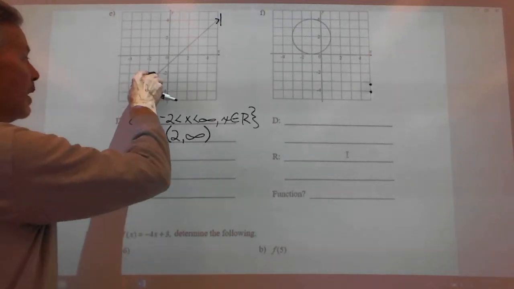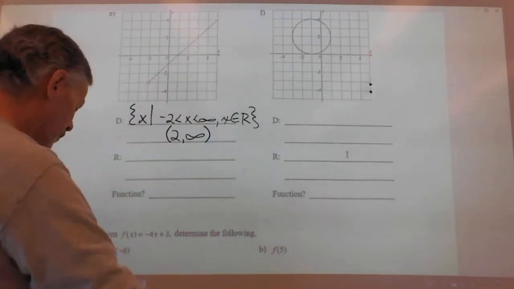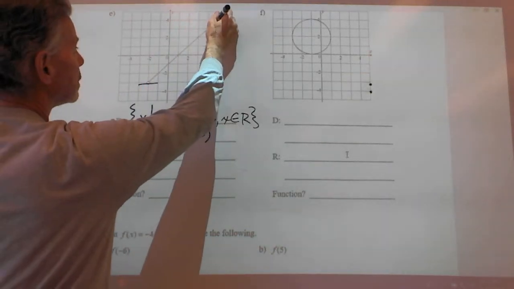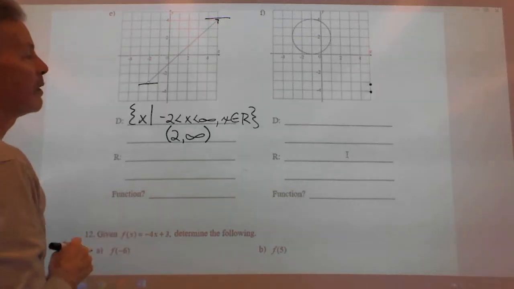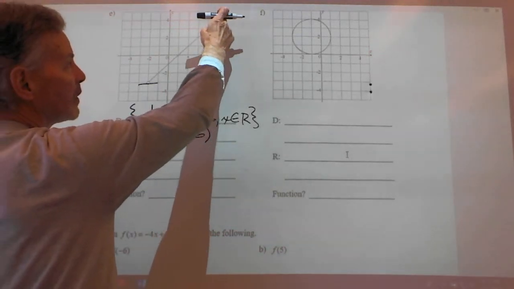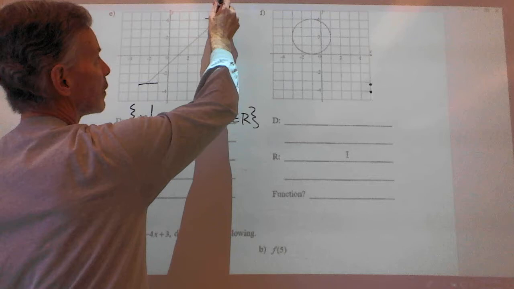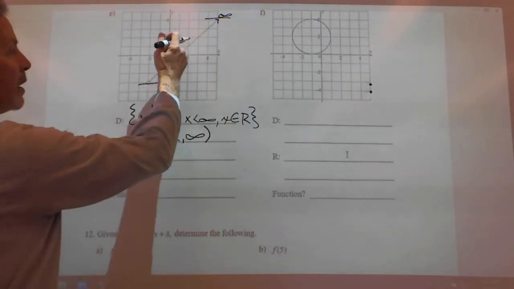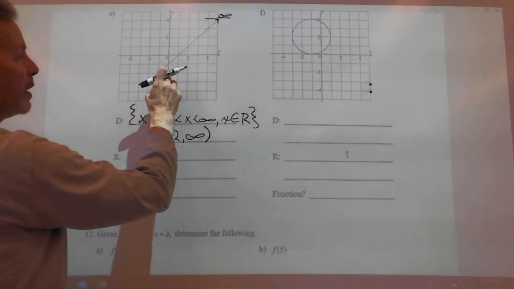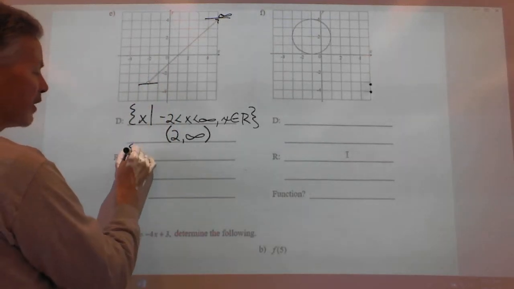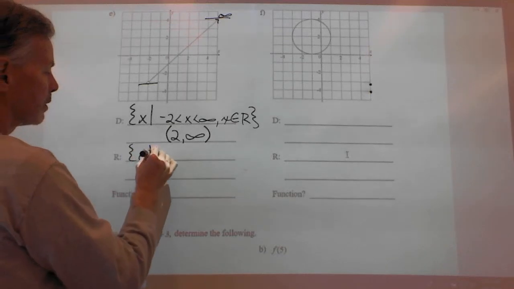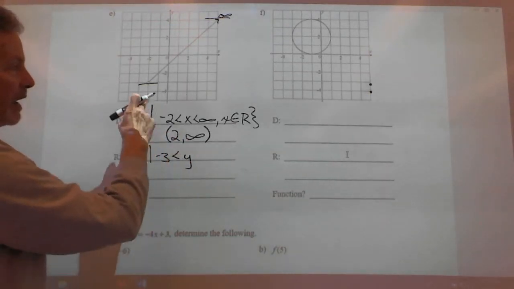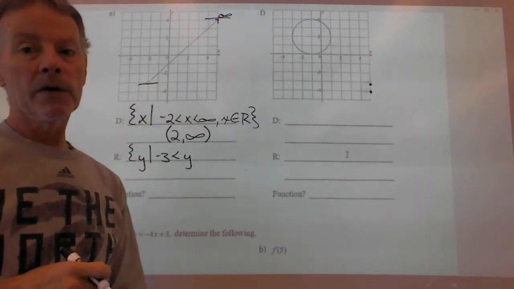Okay? Now remember, when we're talking about the range, we're talking about the absolute lowest value and the absolute highest. Well, this goes to the edge of the grid, which means it goes on forever. So our maximum y value will be infinity, our minimum y value -3, but again, just as with the domain, it can't equal -3 because you have an open circle.